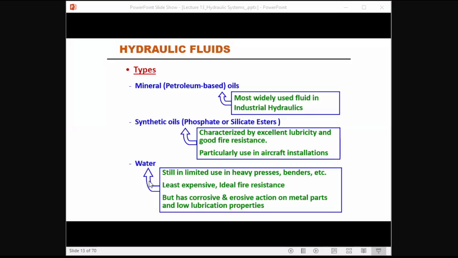Okay, water consists of H2O. Okay, then it consists of oxygen, and due to this reason corrosion can occur.